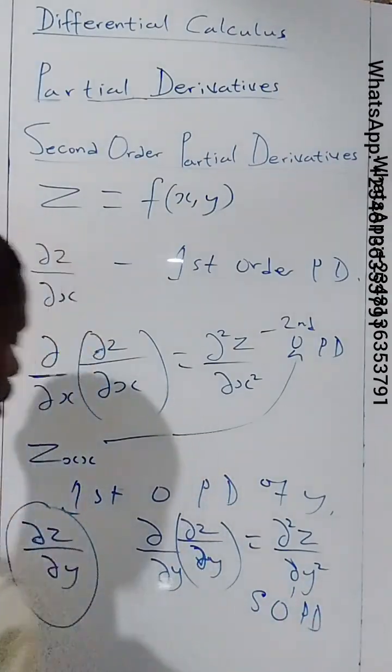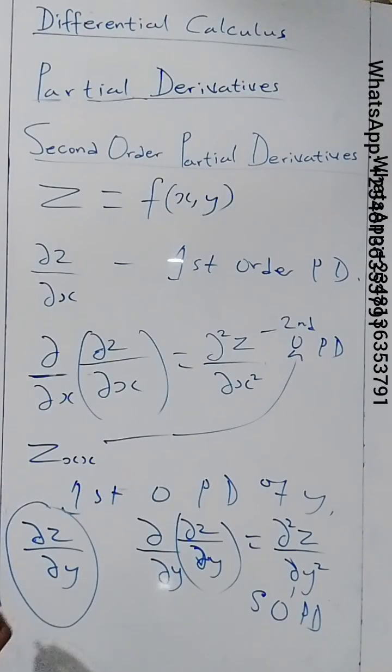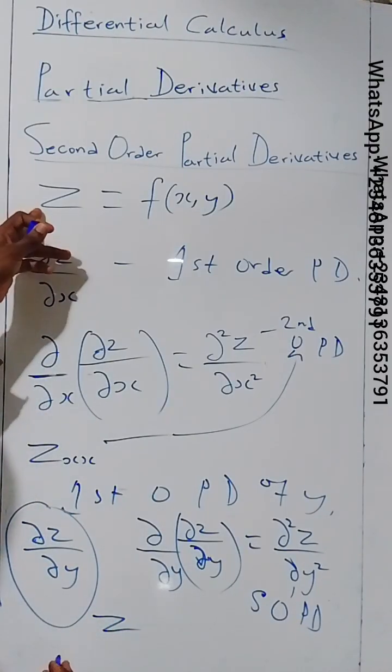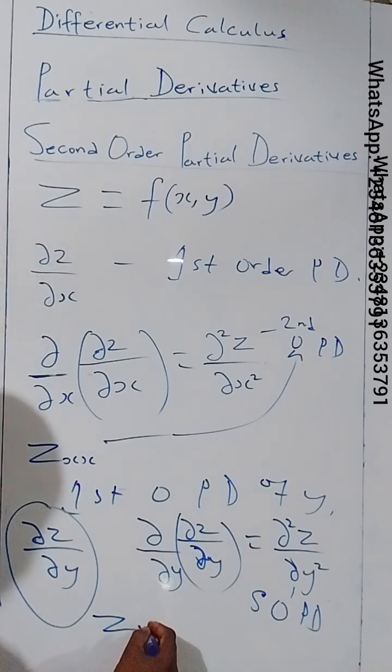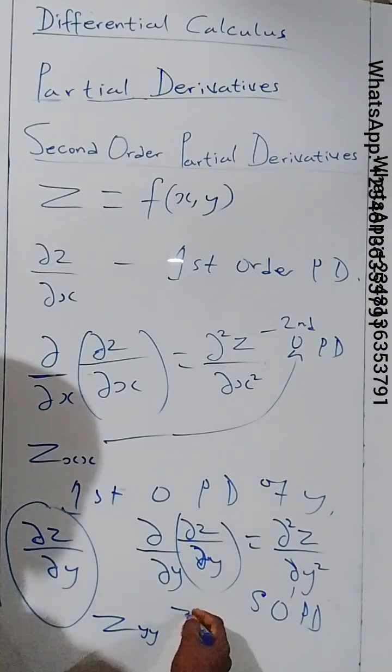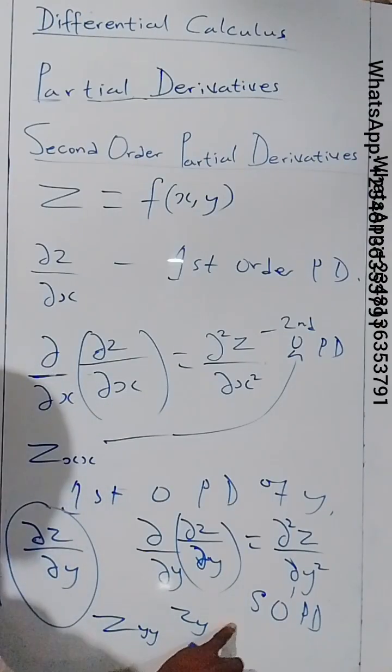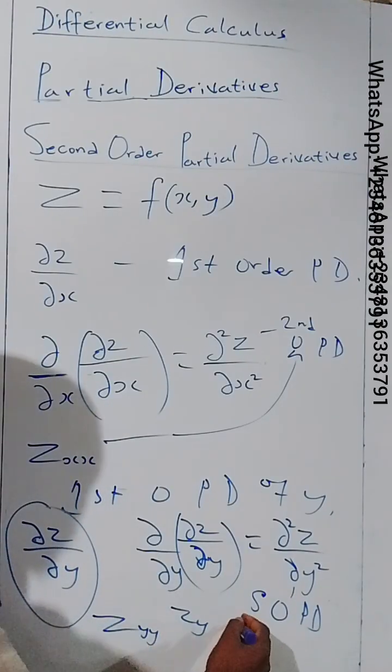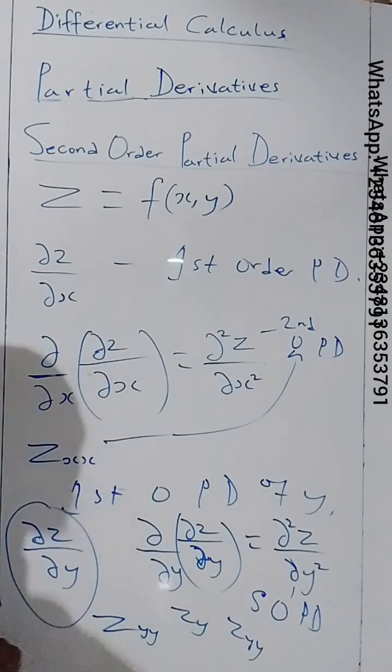Another notation we use is we can just use z, then y, y. Because z y means first order partial derivative, while z y y means second order partial derivative with respect to y.